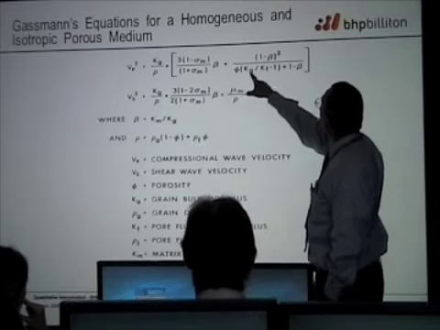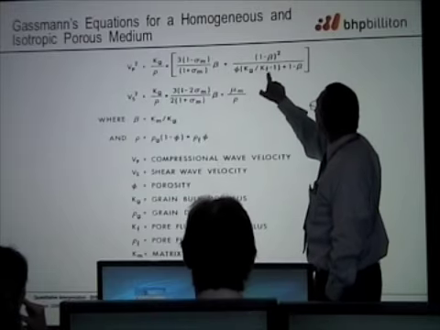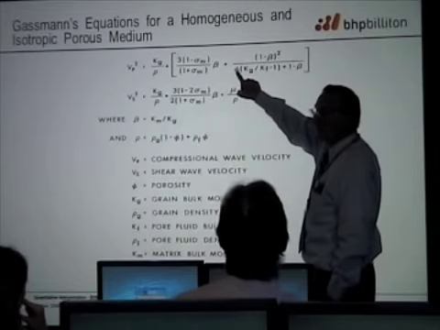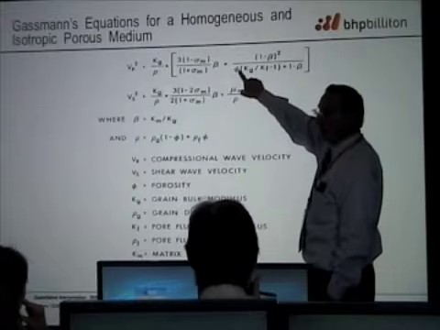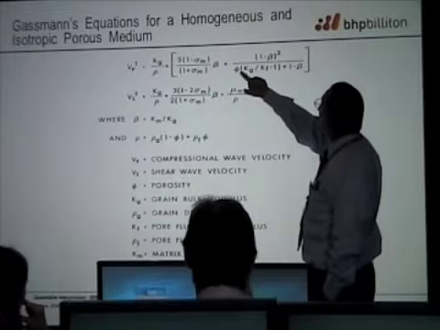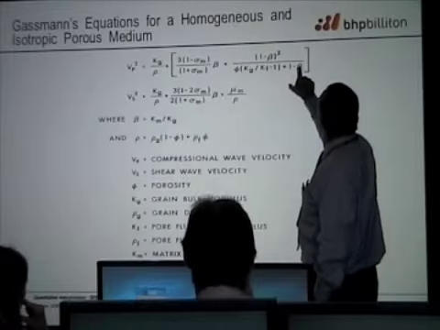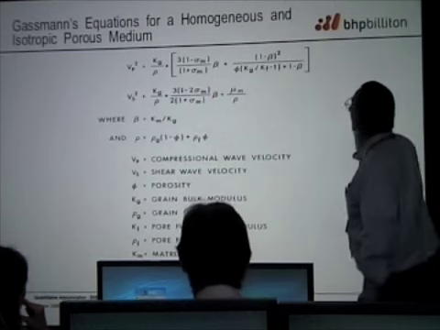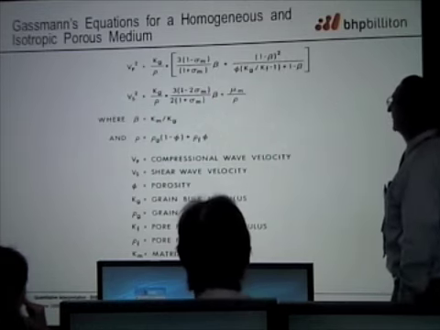So this is a big number, 15, 16, something like that. This number is 0.3 or 0.4 for a low beta rock. So that's 4, and this thing is 5. So I got a pretty good size term there.